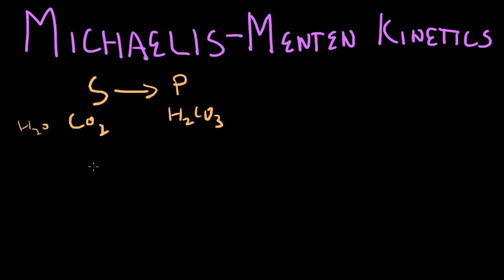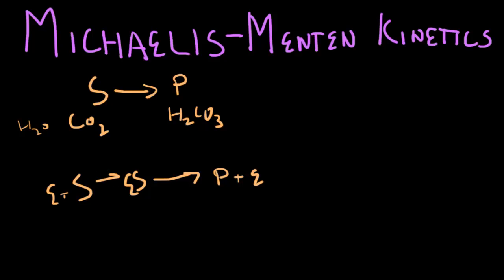So what actually happens is you have the substrate form a complex with the enzyme. This then can form the product plus the initial enzyme.